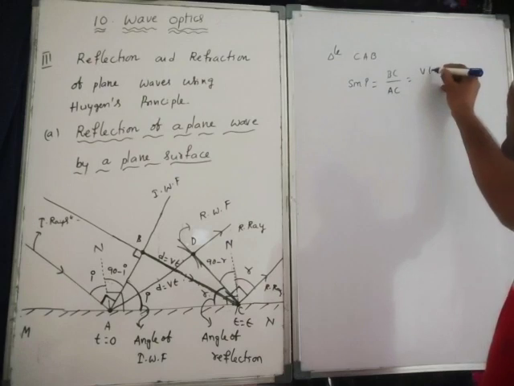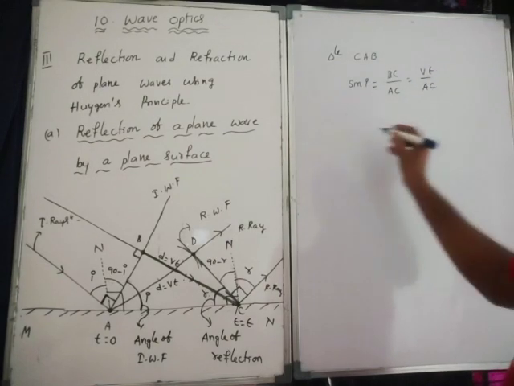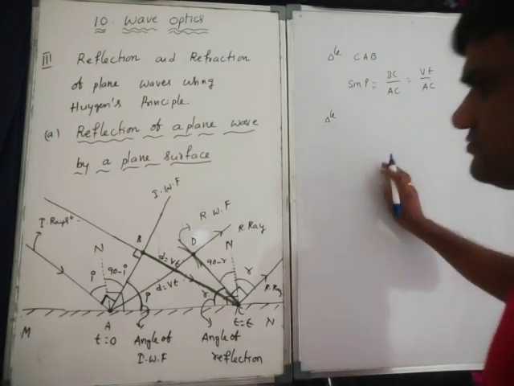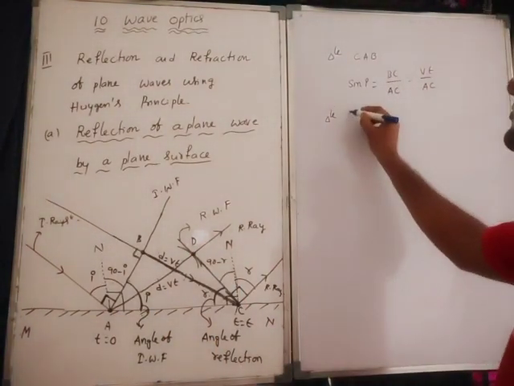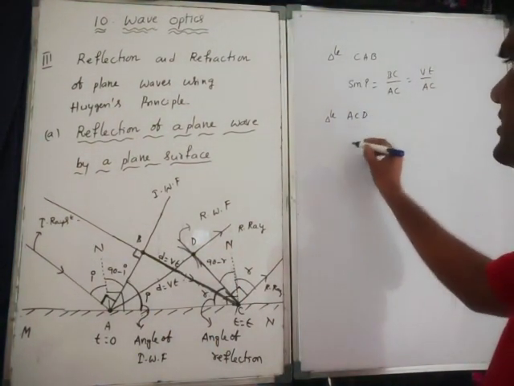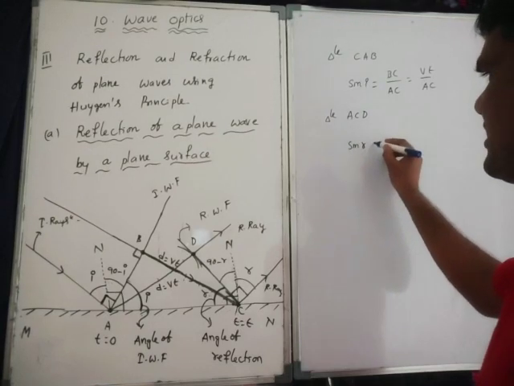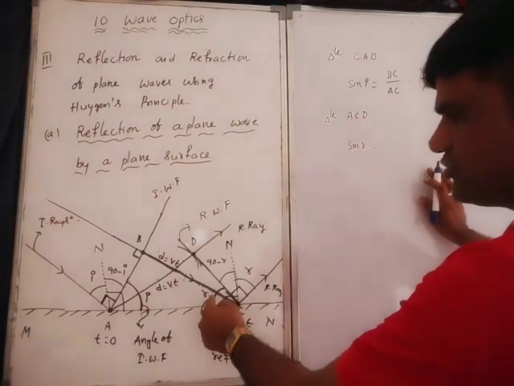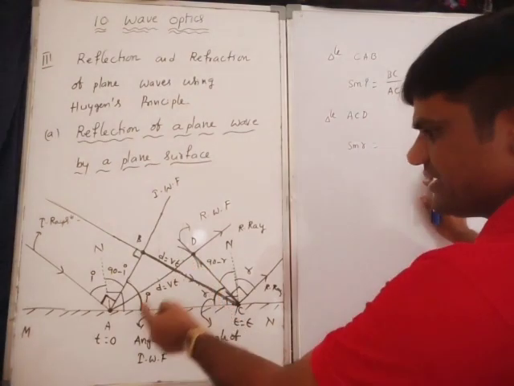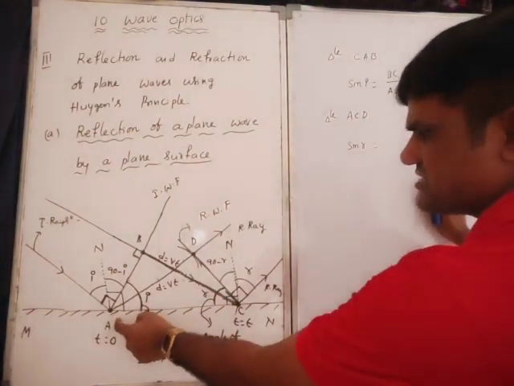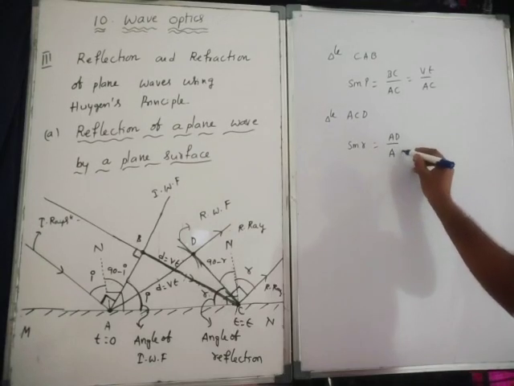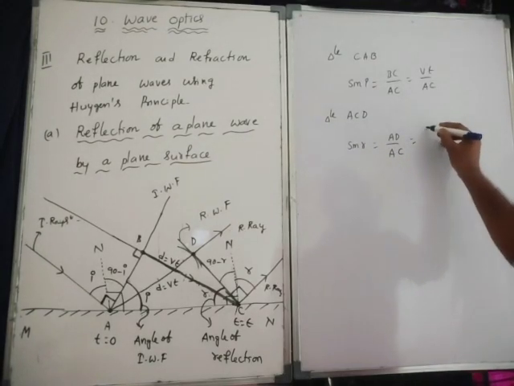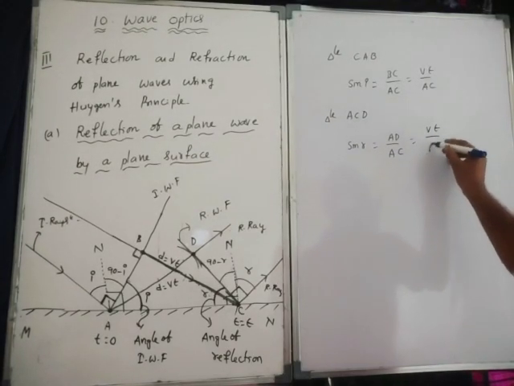So this is V into t, this is the AC. Similarly, triangle ACD: sin R is equal to opposite side by hypotenuse. What is the opposite side? AD. AD by AC, which is VT divided by AC.